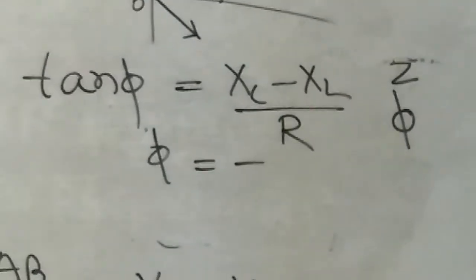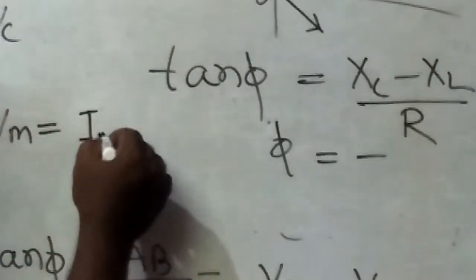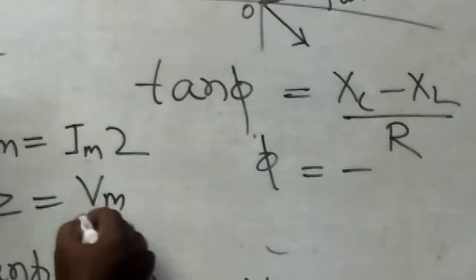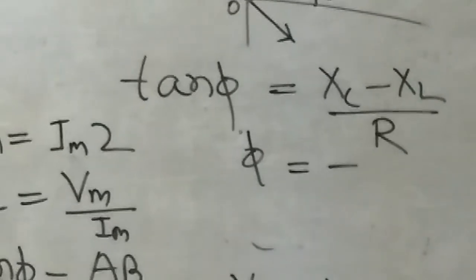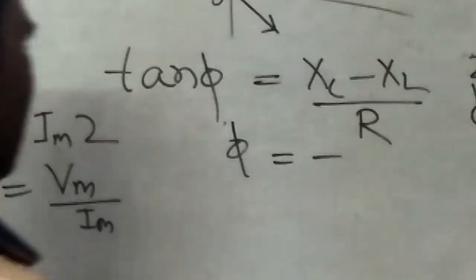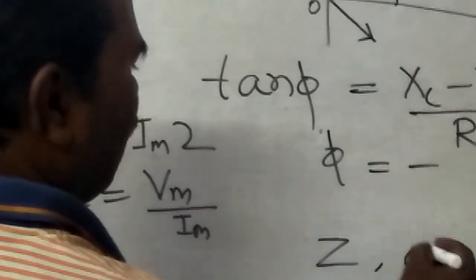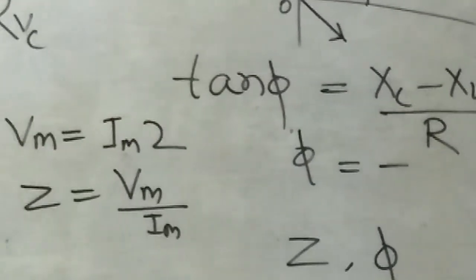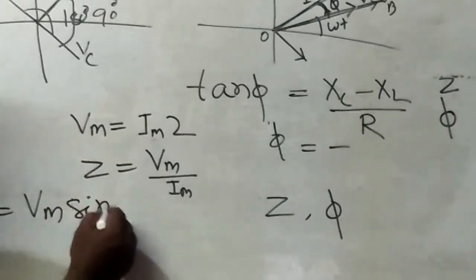The equation of peak voltage is Vm equals Im into Z, or Z equals Vm by Im. If L, C, omega, R are given, you can calculate Z and phi.